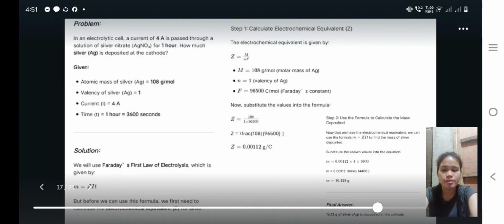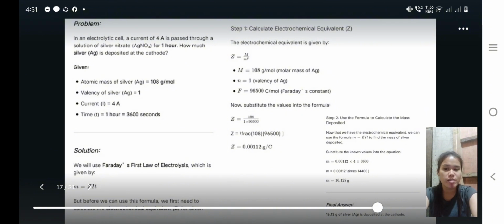So I have here an example problem. In an electrolytic cell, a current of 4 amperes is passed through a solution of silver nitrate for 1 hour. How much silver is deposited at the cathode?